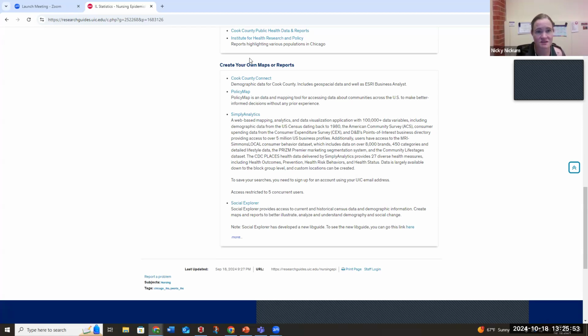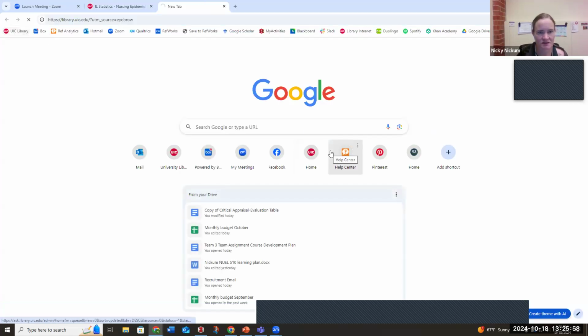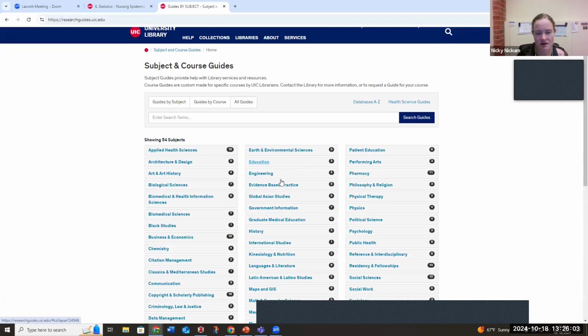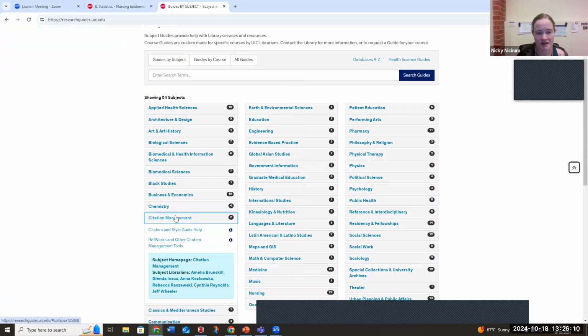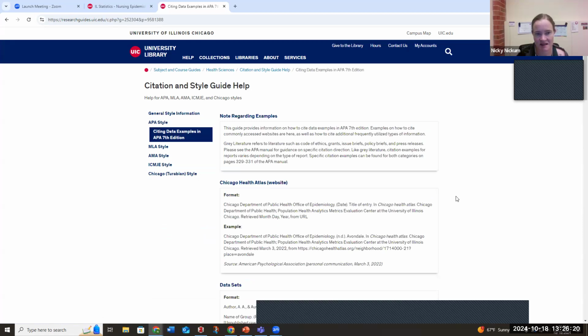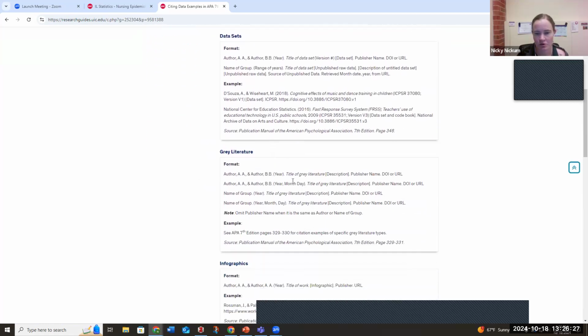Now, as far as citing all of this, we go back to the library site and go to guides. Instead of going to nursing, I'm going over to citation management. The library site guide, citation management, citation and style help guide. So here's APA, and then I want citing data examples in APA. So here's the Chicago Health Atlas, data sets, grey literature.